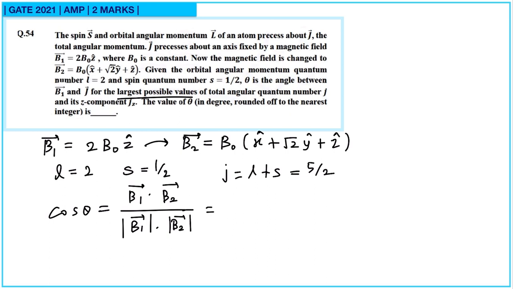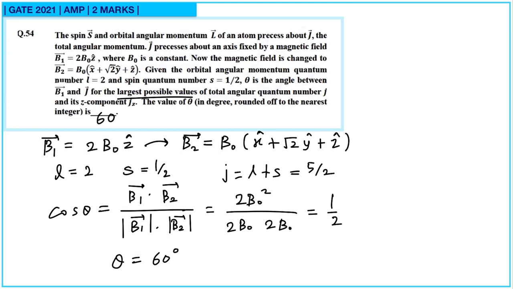In B1 dot B2 only the z cap term will survive, so this will be 2B0 into B0, that is 2B0 squared, upon the magnitudes. The magnitude of B2 will be root of 1 square plus root 2 square plus 1 square, which is 4, and its square root is 2, so that is 2 B0. The magnitude of B1 is 2 B0. So this is equal to 1 by 2. So cos theta is 1 by 2, which means theta is equal to 60 degrees.